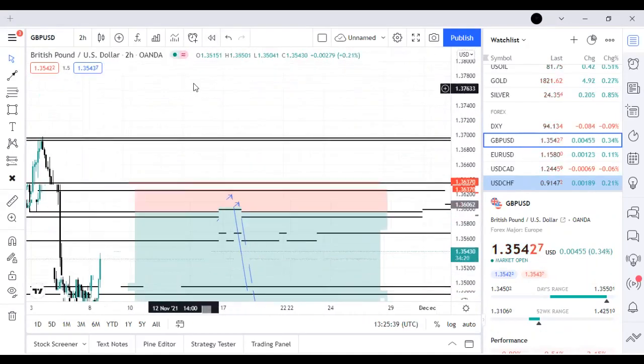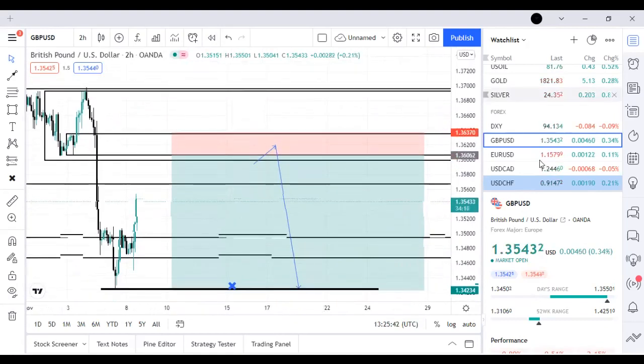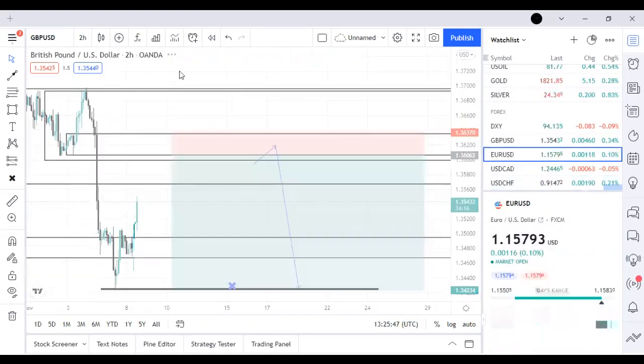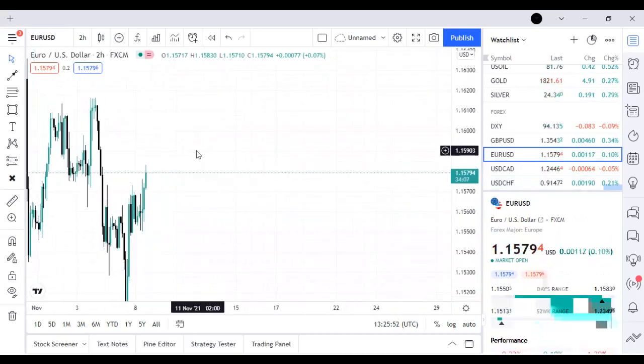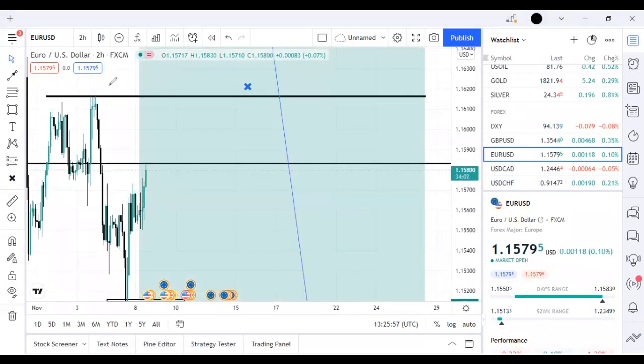So let's dive into the chart. The first thing we need to understand is that there are two types of structures in the market.